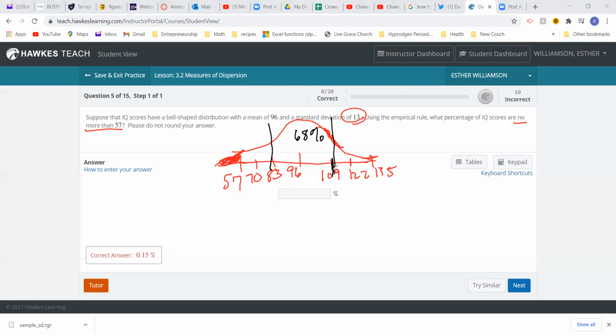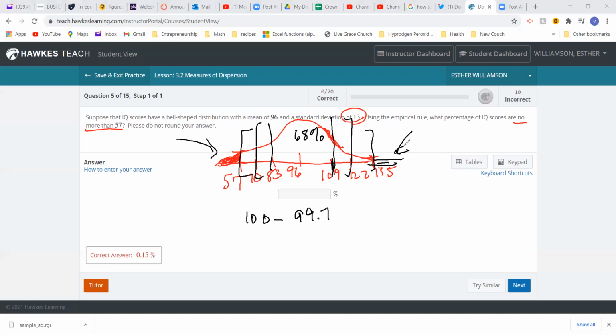And then 95% will fall between plus or minus 2 standard deviations, and plus or minus 3 is going to be 99.7. So really, the rest of the data is going to fall out here.